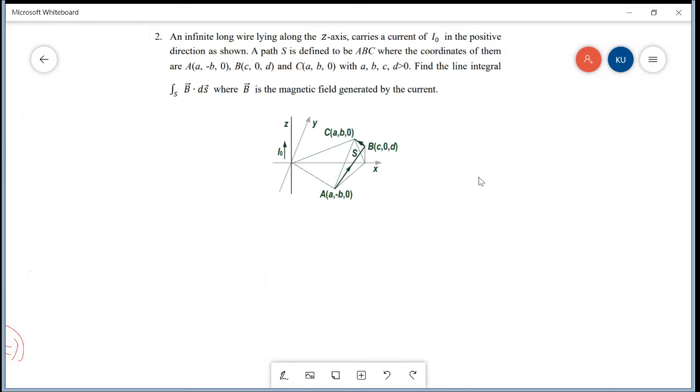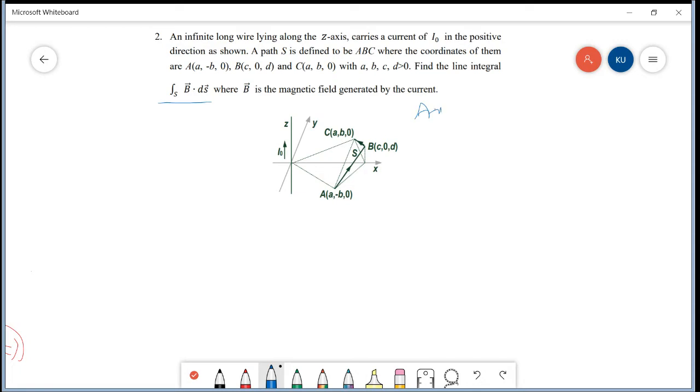When you consider the steps, there are not many steps, but you need to understand what a line integral is, and you need to be familiar with Ampere's law. Then you can solve this very easily.